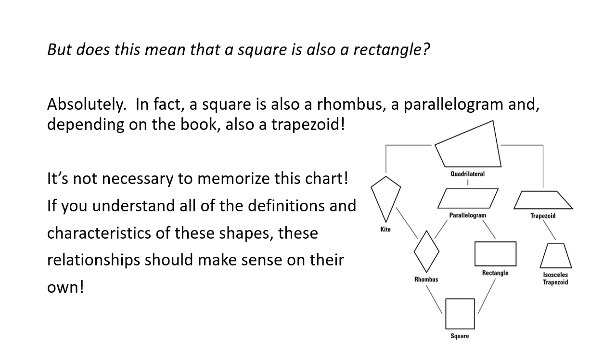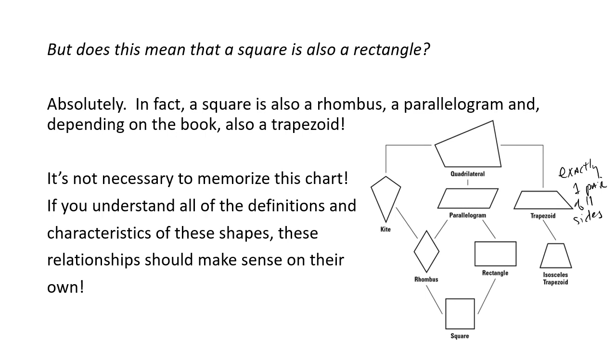So does this mean that a square is also a rectangle? Well, yes, absolutely it is. You can see here in this chart, we've got our most basic shape, the quadrilateral. This chart assumes that a trapezoid has exactly one pair of parallel sides, because we can see that the trapezoid and the parallelogram are separate from each other.